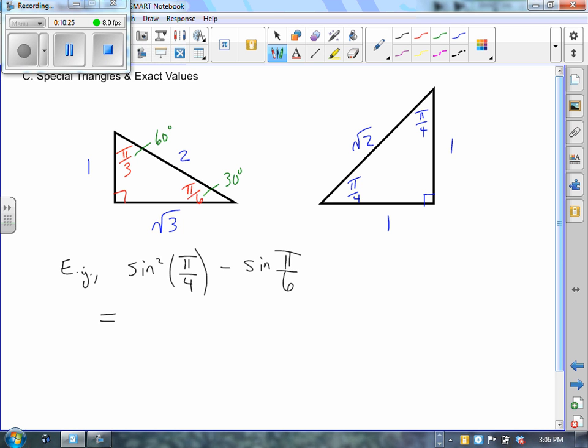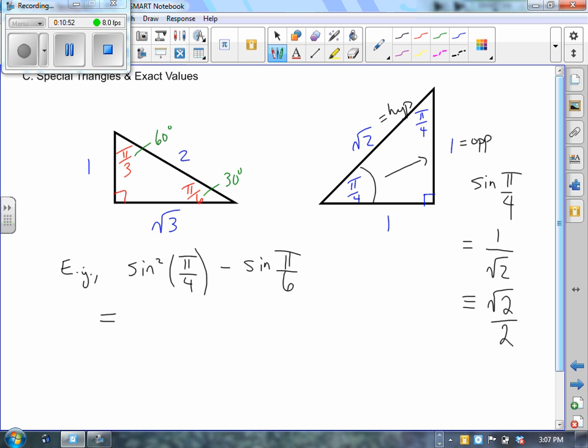So the sine of pi over 4, let's determine this. Let's take this angle here. We have the opposite side length, and here we have the hypotenuse. So sine of pi over 4 is 1 over root 2. We also saw that being equivalent to, if we rationalize the denominator, root 2 over 2.